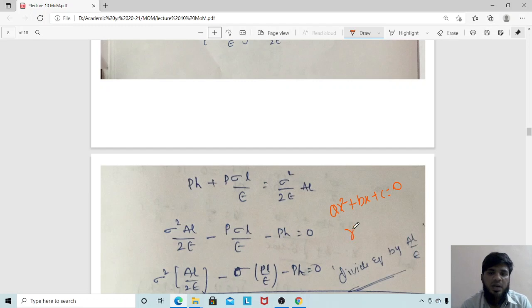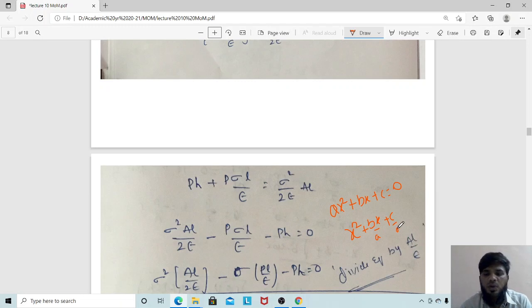You will convert it to x square plus b by a into x plus c by a.